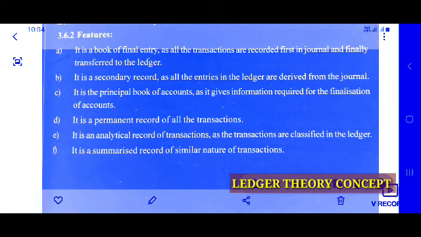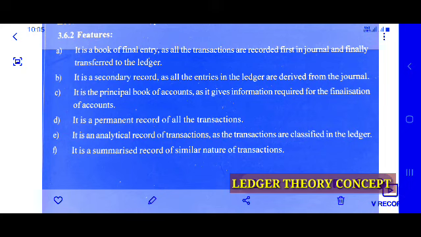Once you have posted all the entries, the trial balance is prepared with the help of ledger accounts only. You know, the trial balance is one of the components of final accounts. So that is finally transferred to the ledgers. Once after preparing the journal entries, at the year end, ledger accounts are prepared.